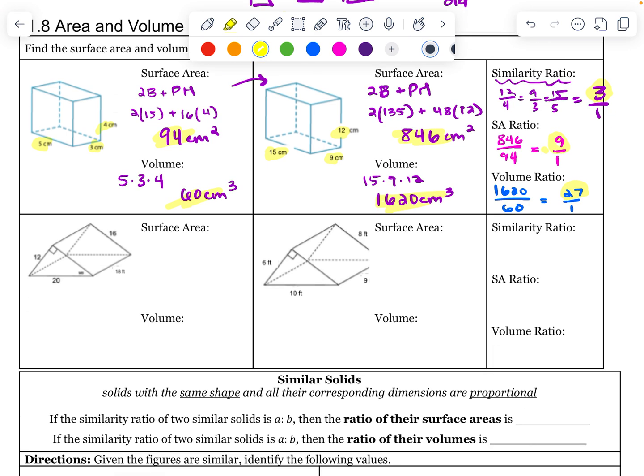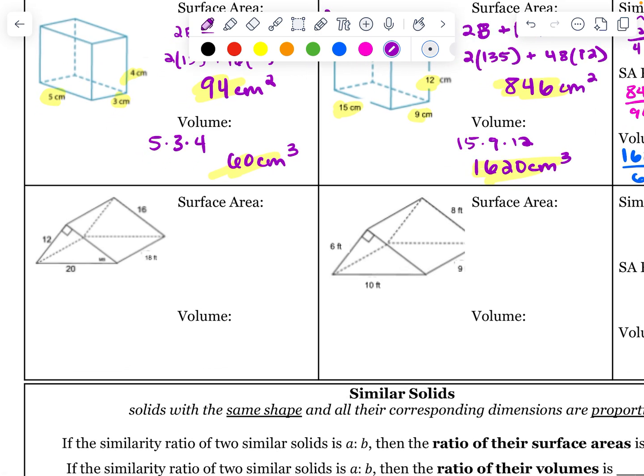Let's do a practice with a triangle. I still think triangles are the hardest, and so we need more practice with them. So let's see, the surface area. So y'all, the base is a triangle. It's 2 times the base plus the perimeter of that triangle times the height. The height is going to be the distance between the two bases. So that height looks like it's 18. Then I have 2 times the area of the base.